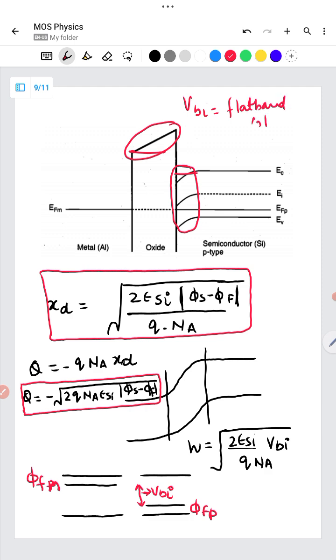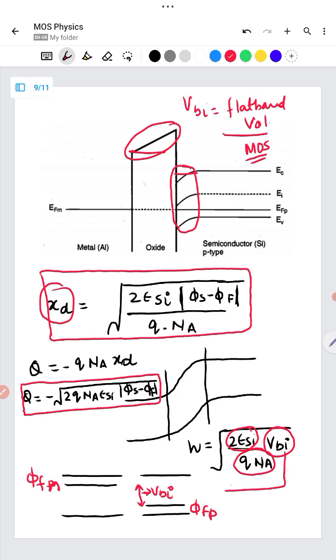Now let's understand another concept, which is the depletion region width. What is the depletion region width in the case of a MOS? We already know that in a PN junction, if one side is heavily doped, then the width was the square root of 2 epsilon Si divided by q Na, times VBI. And what was the VBI?